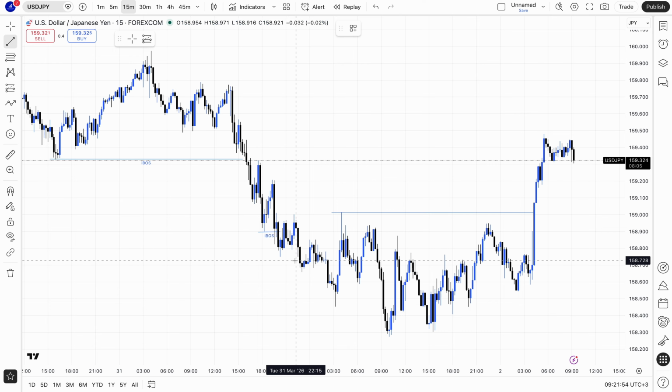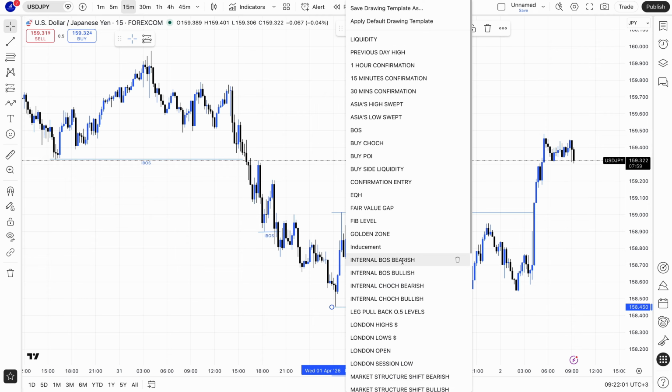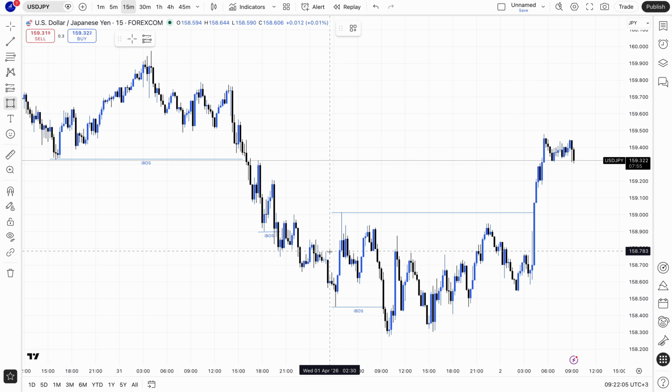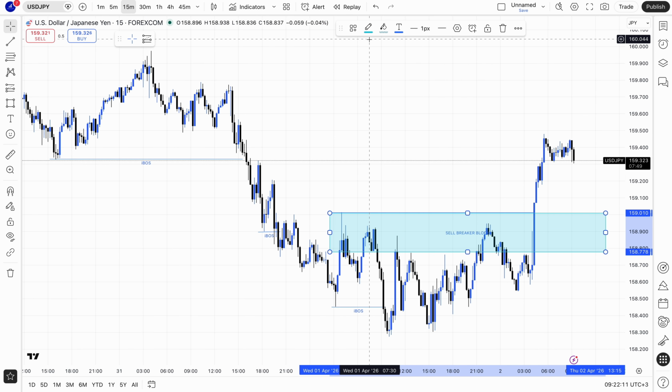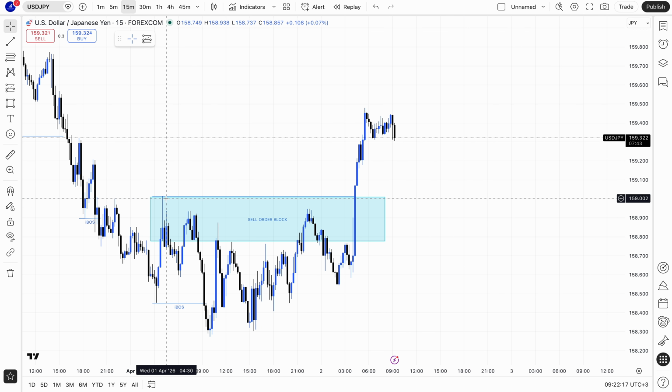Then we had another break of structure to the downside, which was here. Continuation. Then we had our supply zone, which was this one, the sell order block, bearish order block.